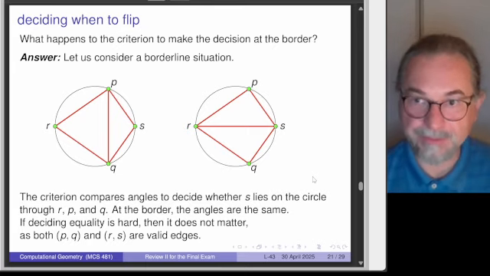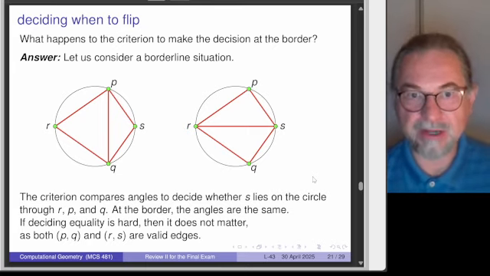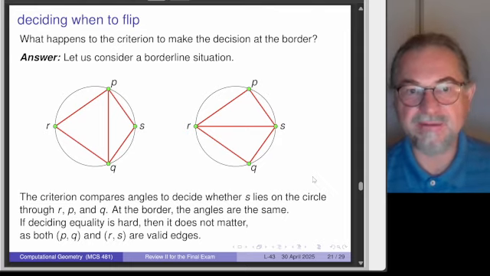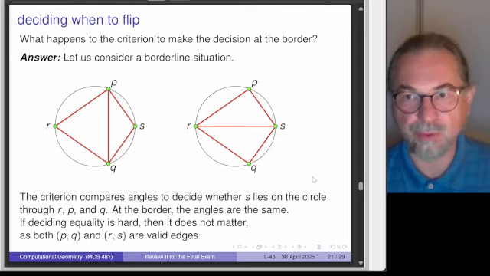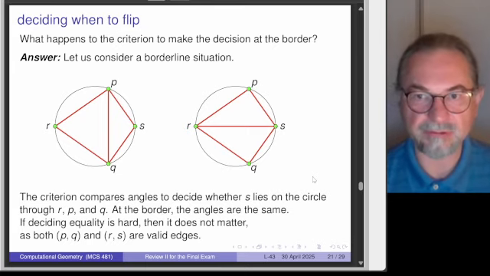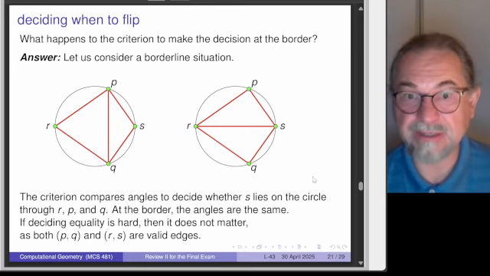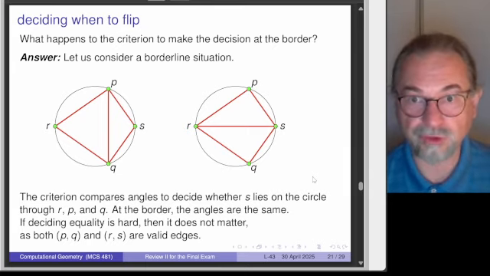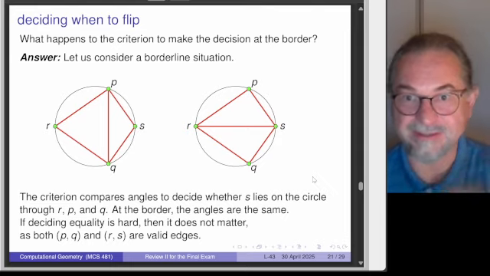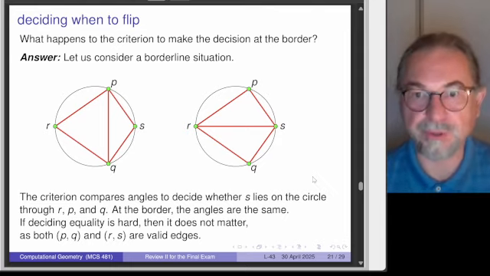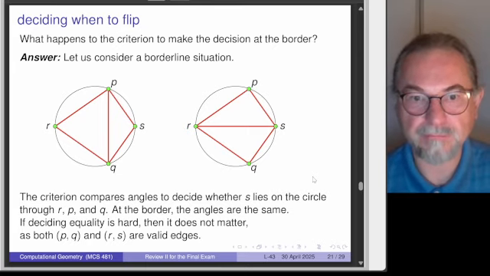And we keep in mind the theorem. The theorem states that if for any triangle there is a point inside the circle, then it's an illegal edge. But here you see that we have two circles. Actually, it's the same circle, but all the 4 points lie on the same circle.